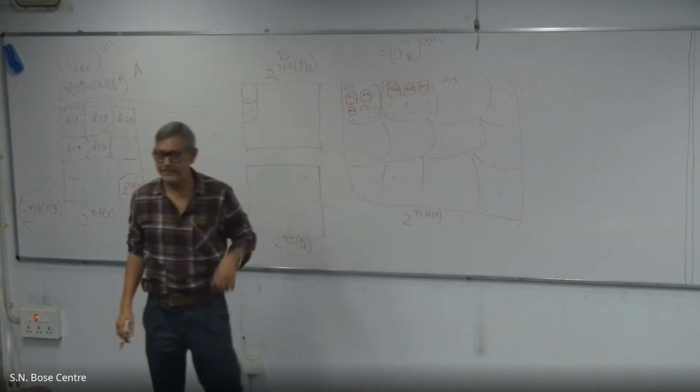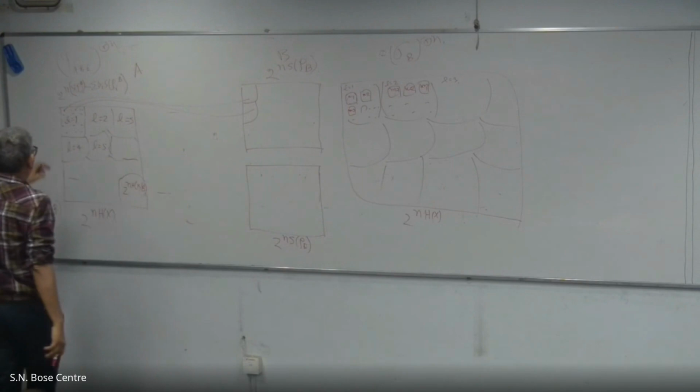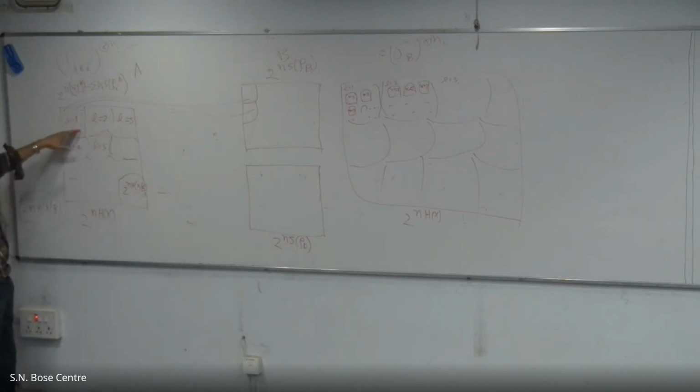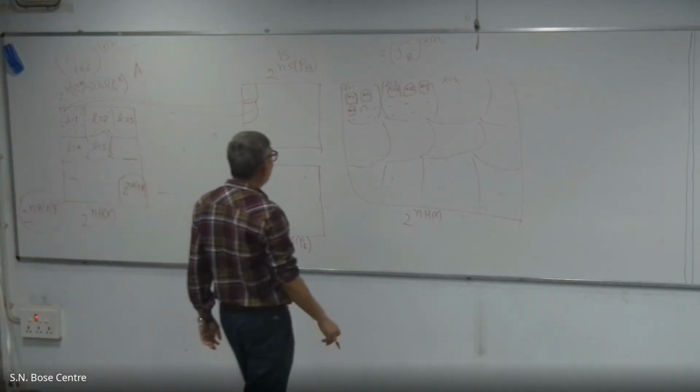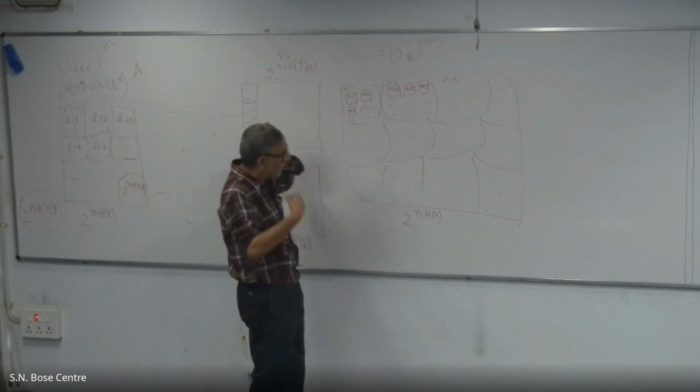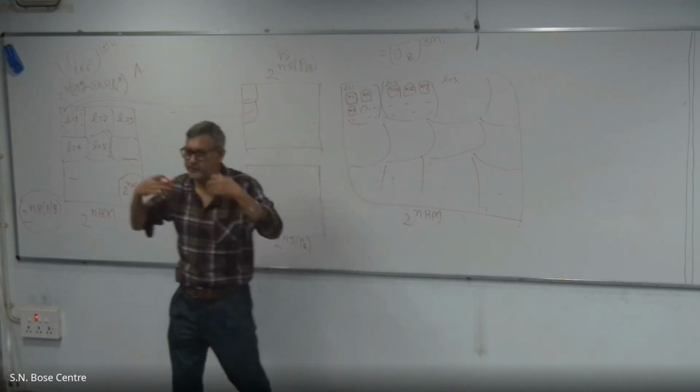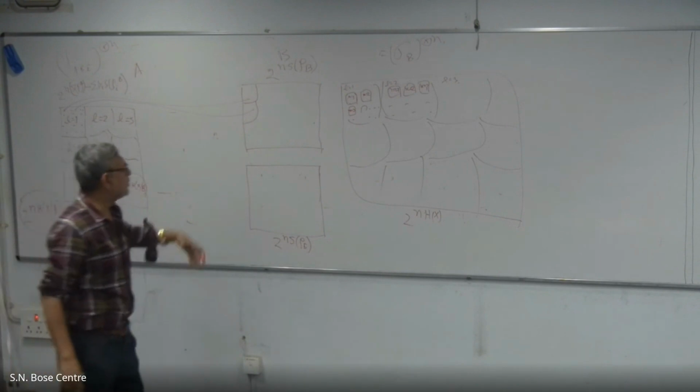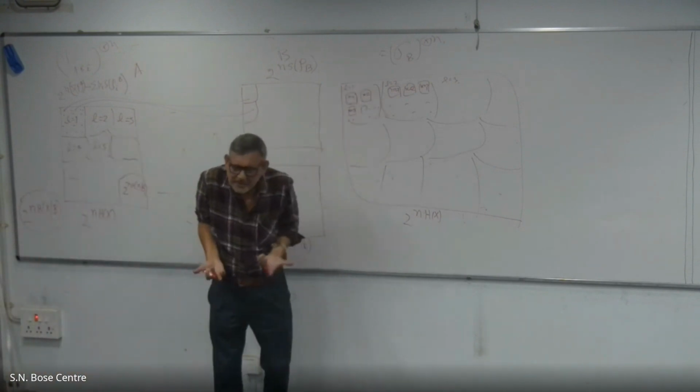Now, every point from this L1 Bob can distinguish. But instead of distinguishing the whole points, if you group them, this group also can be distinguished.